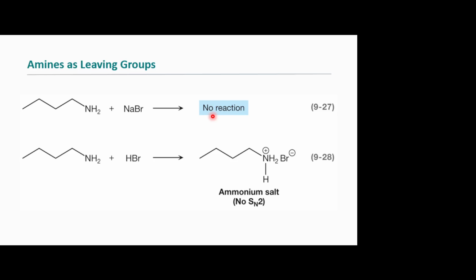They're very basic. They're all going to be poor leaving groups. If we protonate these under acidic conditions, what we'll see is we'll typically form the ammonium salt first rather than the SN2 reaction. You need a lot of energy to go through to the SN2 reaction. Okay? So you'll actually get the salts typically rather than the SN2.